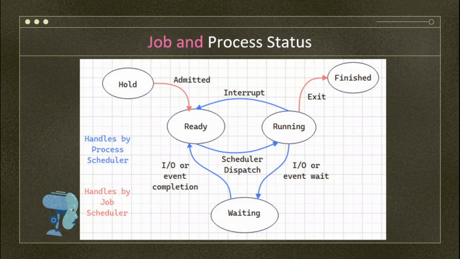When the CPU starts executing the process, the process transits to the running state, where the CPU executes the process line by line, the executable code. Now, again, it can go back to the ready state from the running state.